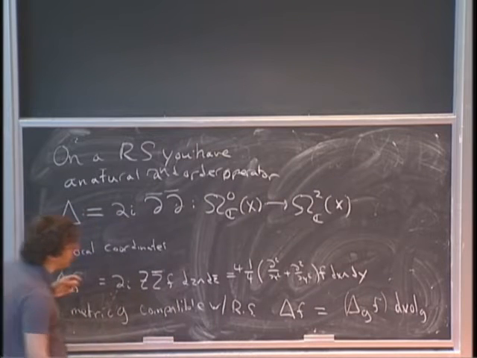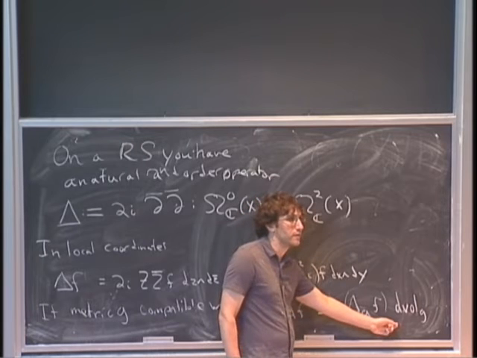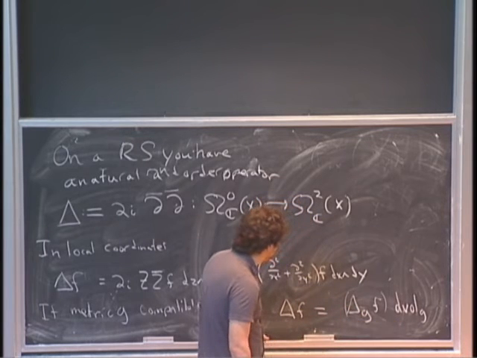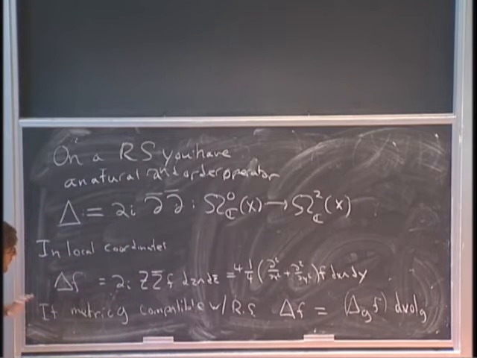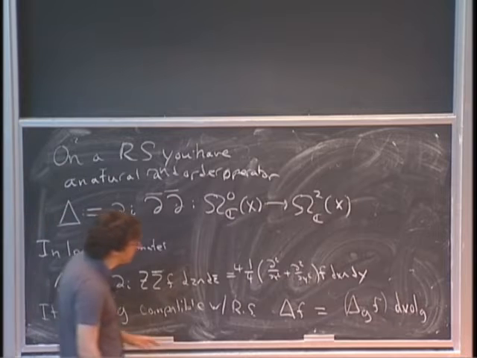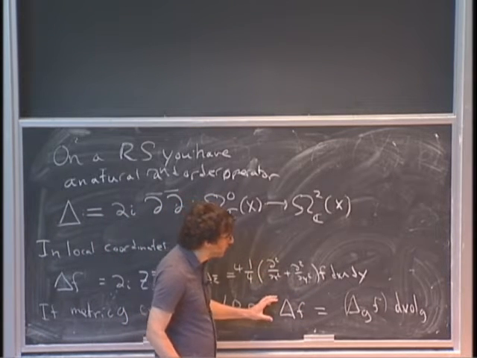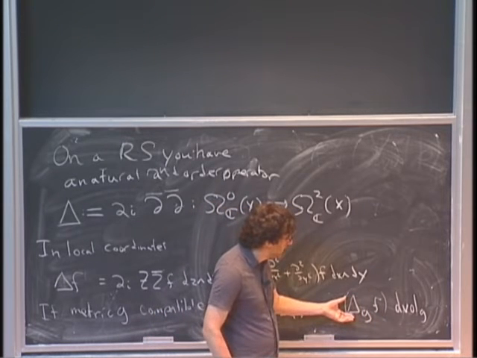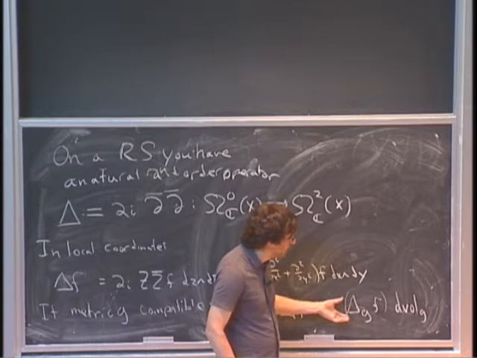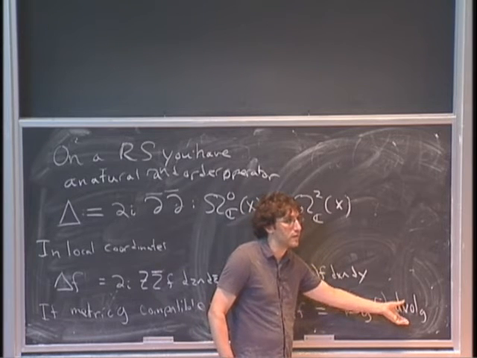Notice this is an operator from functions to functions, whereas this is an operator from functions to two forms. So the point about all of this, as we'll see shortly, is that in dimension 2, the Laplacian is conformally covariant, in the sense that conformal changes of the metric only change the value of the operator by scaling, and you can precisely capture that scaling by putting in a different line bundle.